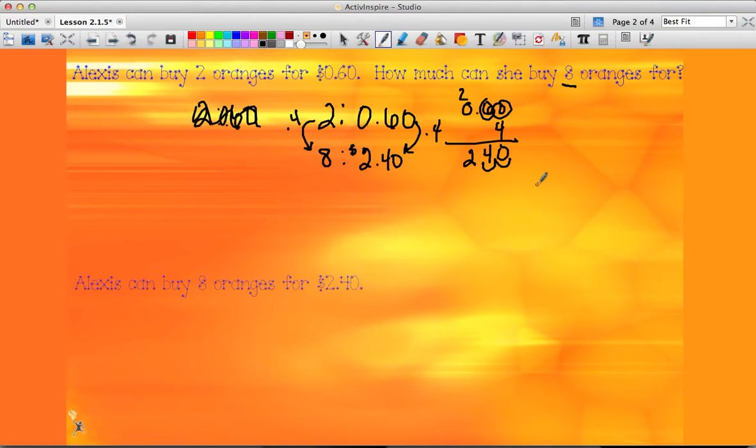Let's change this up a little bit and say, how many oranges can she buy with, let's say, $1.20. Okay, this isn't in your notebook, but I just want you to follow along here.